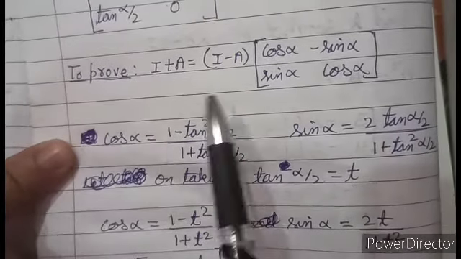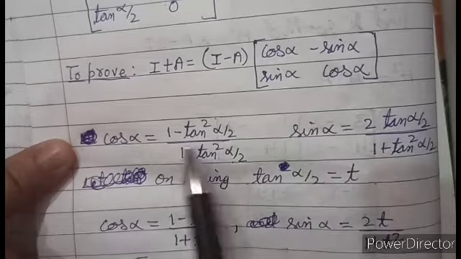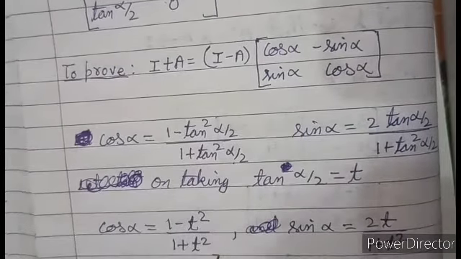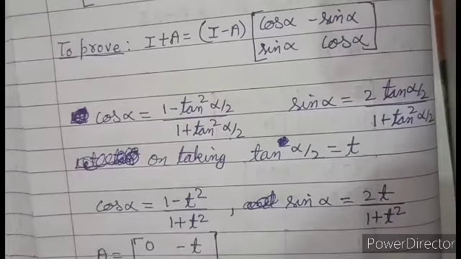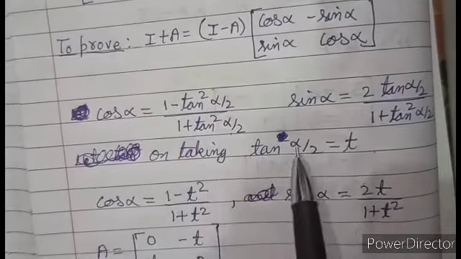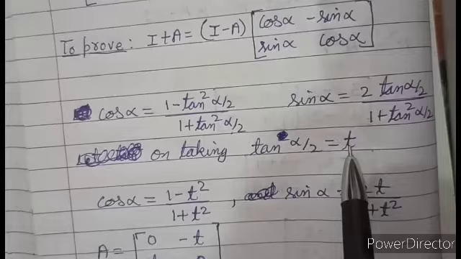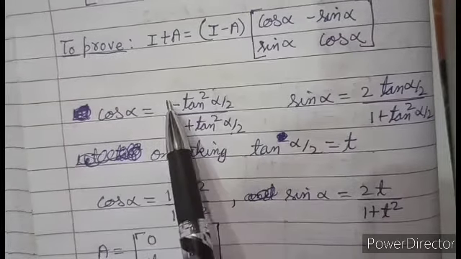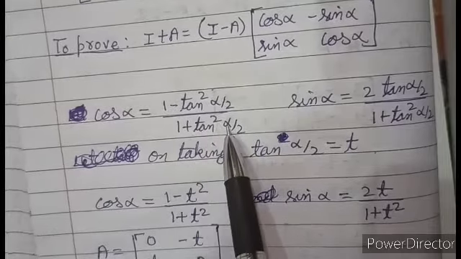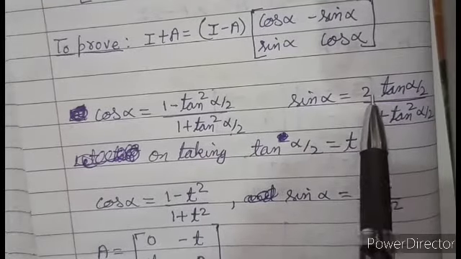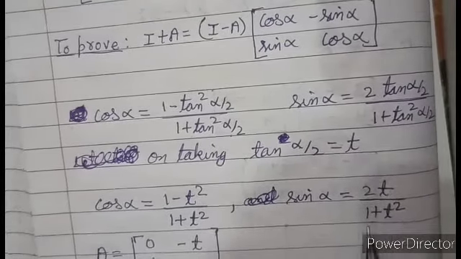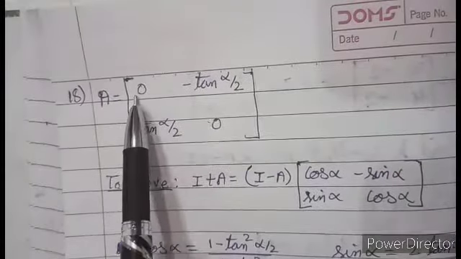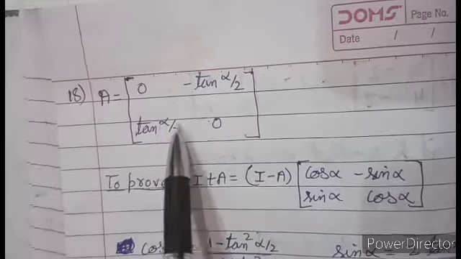So we have written cos alpha and sin alpha in terms of tan alpha by 2. Now on taking tan alpha by 2 as t, we will get cos alpha as 1 minus t square upon 1 plus t square, and sin alpha will be 2t upon 1 plus t square. And matrix A will become [0, minus t; t, 0].